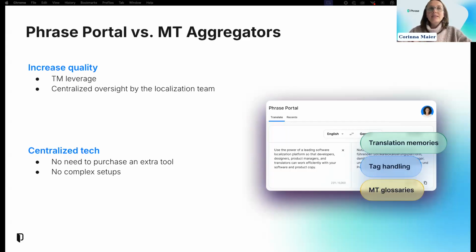And the central oversight of the localization team can really make sure the quality is always high, because we all know when we need to work in a different tool that we're not used to, these things can get neglected. So this is really a good way to make sure that the quality is always up.